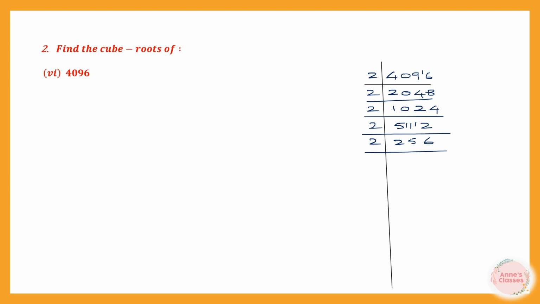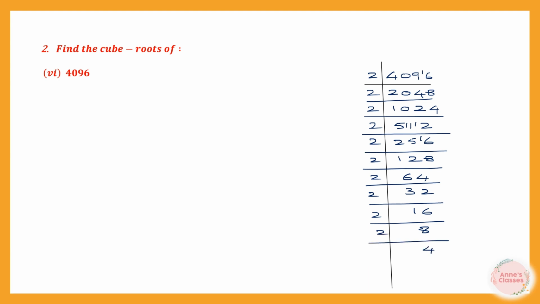Again with 2, 2 ones are 2, 2 twos are 4, 16, 2 eights are 16. Continue, 2 sixes are 12, 2 fours are 8. Then 2 threes are 6, 2 twos are 4. Continue, 2 into 16. Then we continue, 2 eights are 16. 2 fours are 8, 2 twos are 4, and 2 ones are 2.